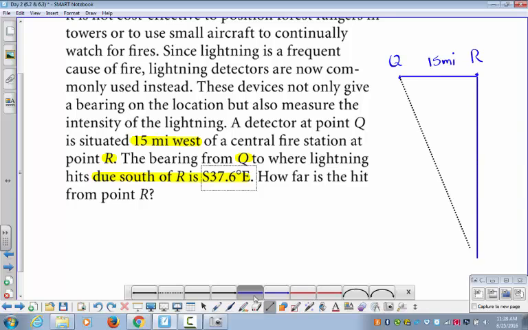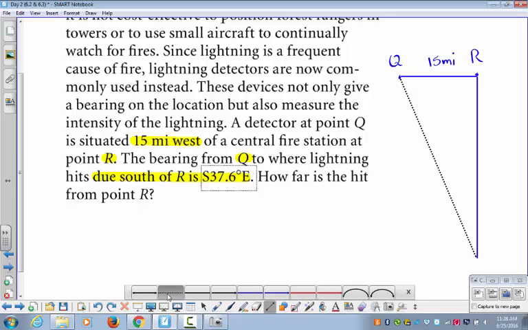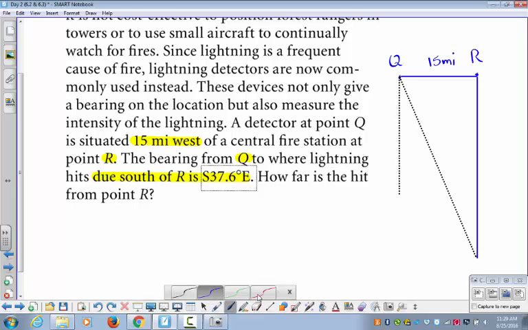So due south of R, right there. And the angle that they're talking about is right there. So they said south 37.6 east.